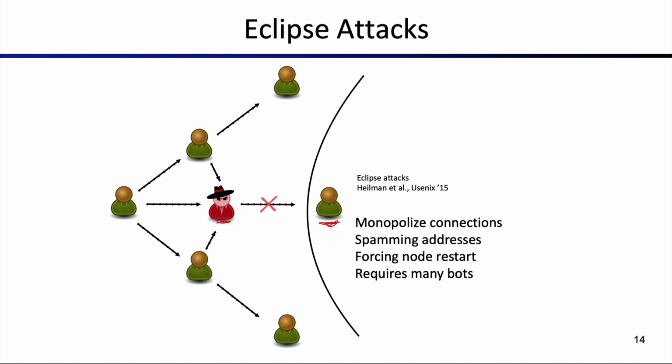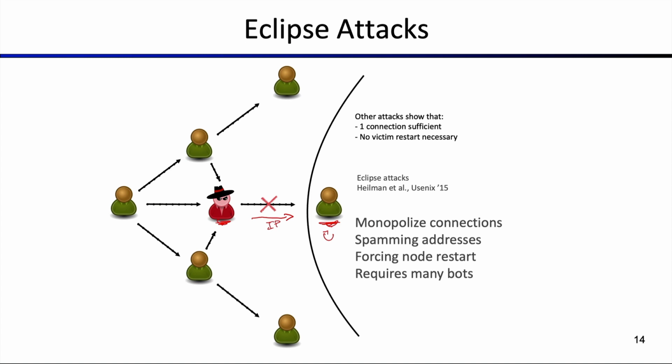There was also the requirement that the adversary spams the IP address information, so spams the addresses that the victim can connect to, so that the victim would only connect to the adversary. The node had to restart, which is quite a strong assumption, and because of this construct, it required many bots, so many IP addresses that the adversary would control.